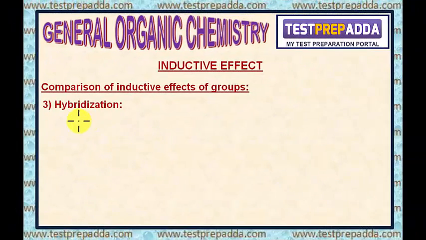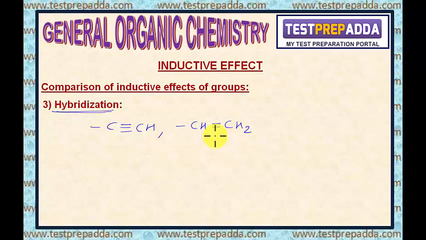Okay, now I'll take the third point. Here I have written the hybridization. Now if I take the example C triple bond CH, CH double bond CH2. These two are actually minus I effect groups.